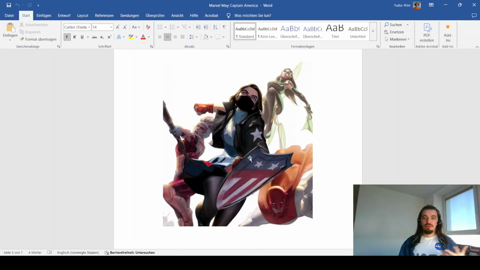And Cap has not only a return to his original persona, but also a trusty new set of commandos by his side. The next story will feature them.